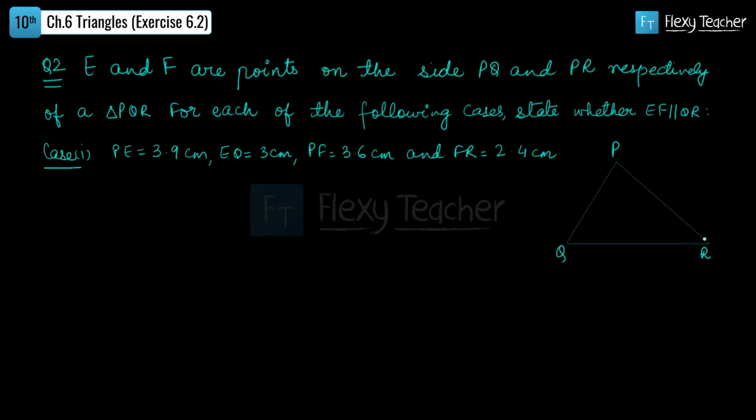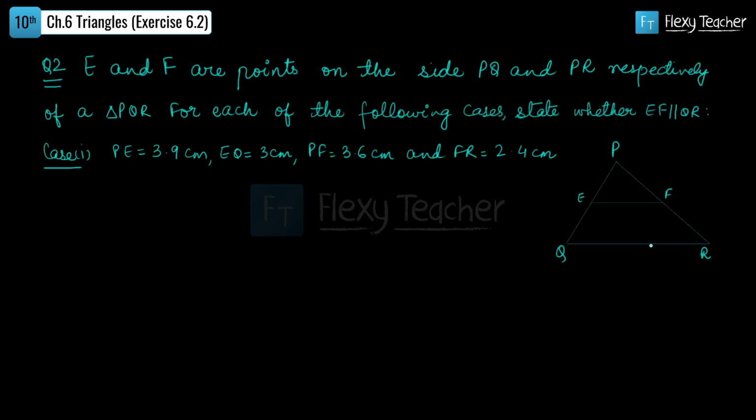E and F are points on sides PQ and PR respectively. So we draw line EF. We have to prove that EF is parallel to QR.